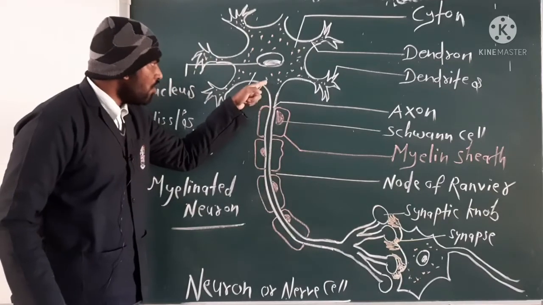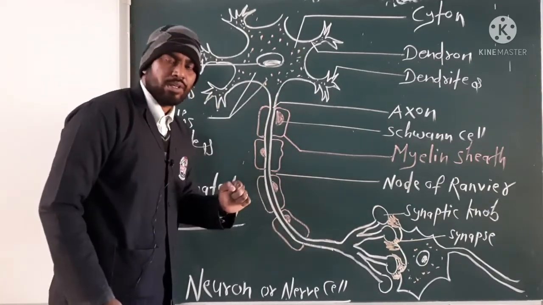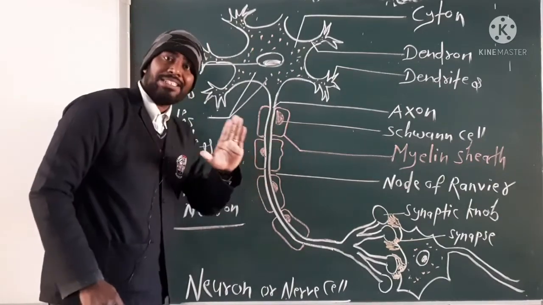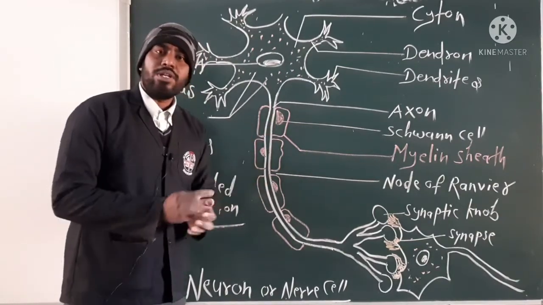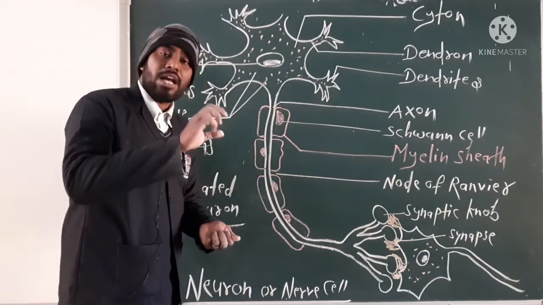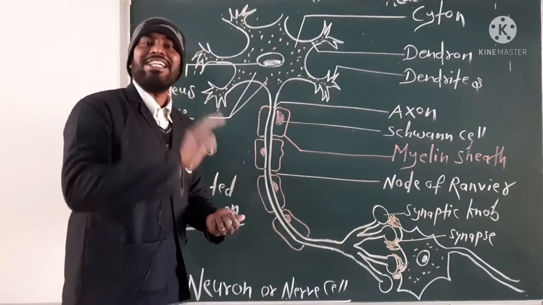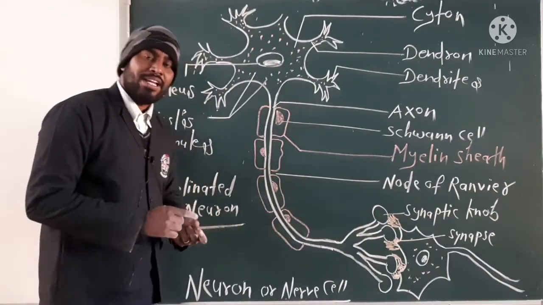The impulse which is generated and conducted through this axon is not discharged anywhere. This myelin sheath helps as an insulator, beta. As you can notice in our home, electric appliances having wires are coated with rubber or plastic. They are coated with that insulating sheath or covering. Why?